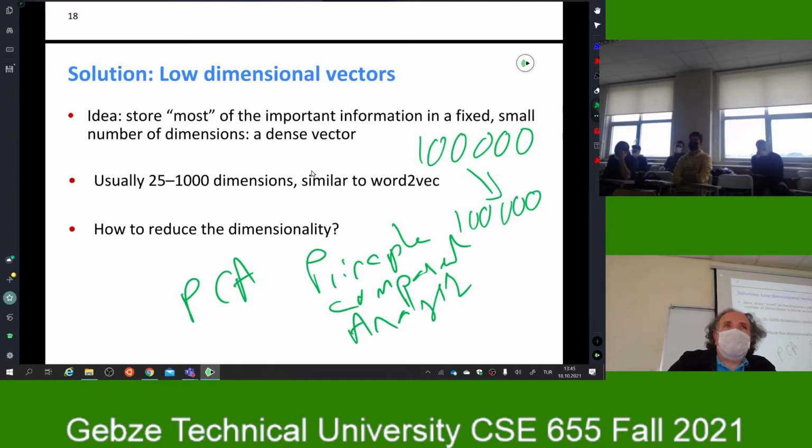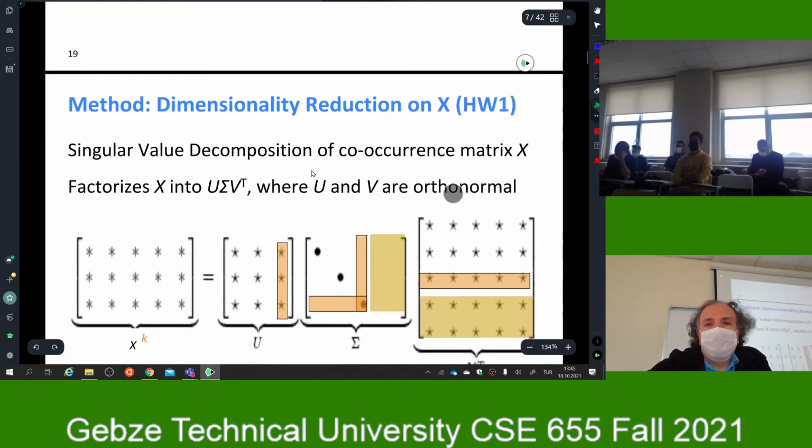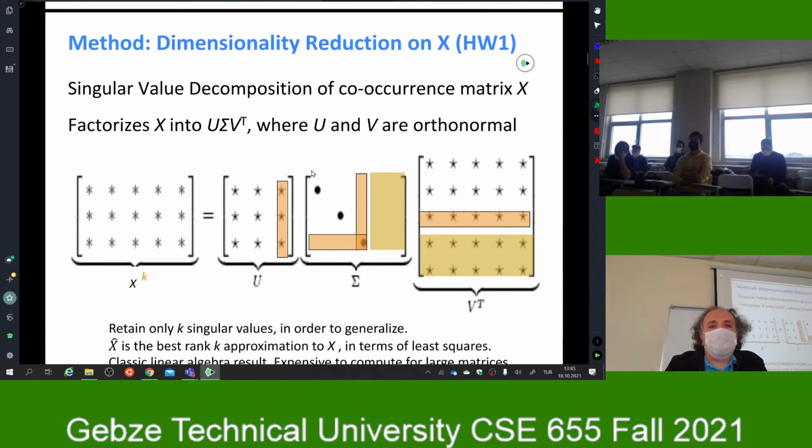And today I'm not going to use the PCA directly, but something similar to PCA. We are going to call it the singular value decomposition, tekil değerler ayrışımı in Turkish. I'm sure you took the linear algebra course and have seen singular value decomposition.